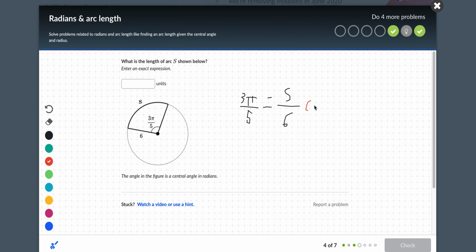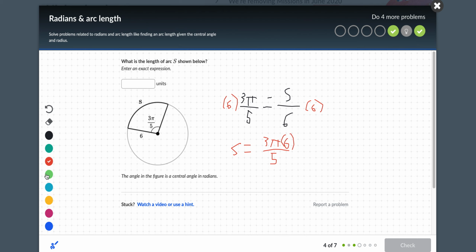If you multiply both sides by 6, you can reconfigure the equation. So it's now S equals 3 pi times 6, divided by 5. Remember, you have to multiply 6 by that side, which is why it works.